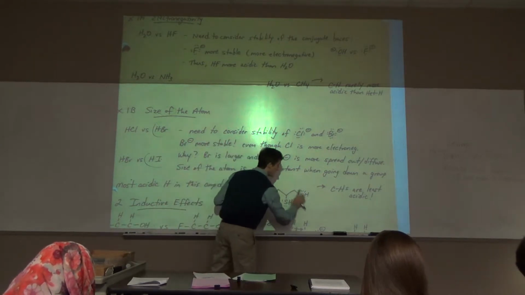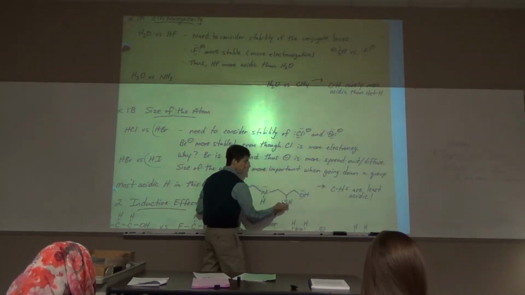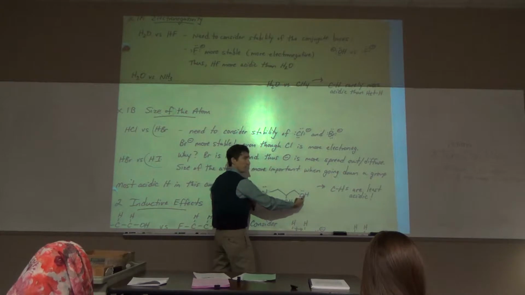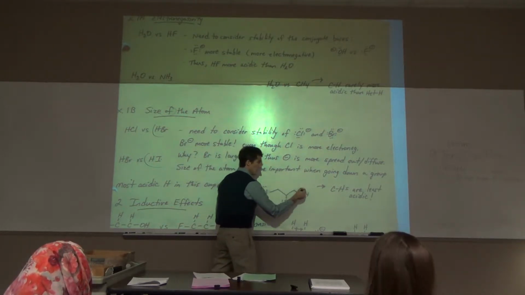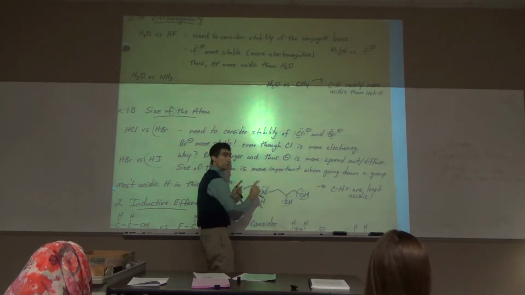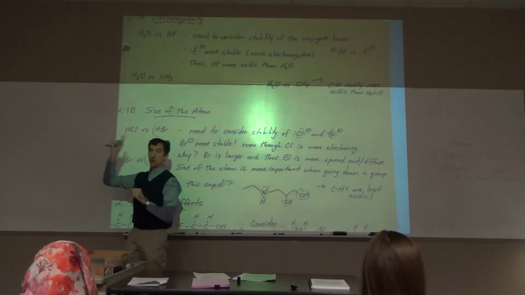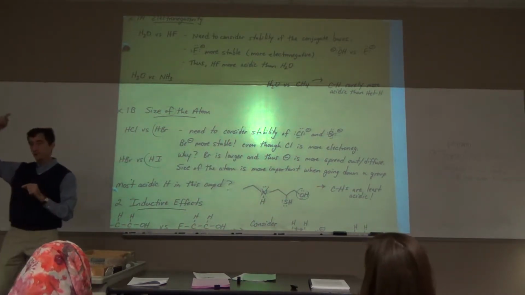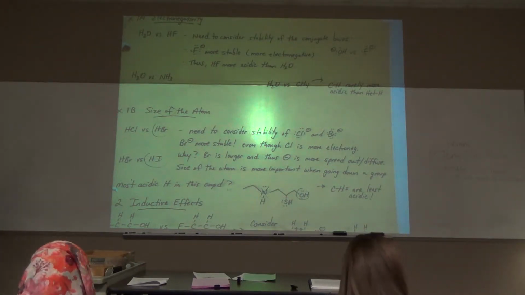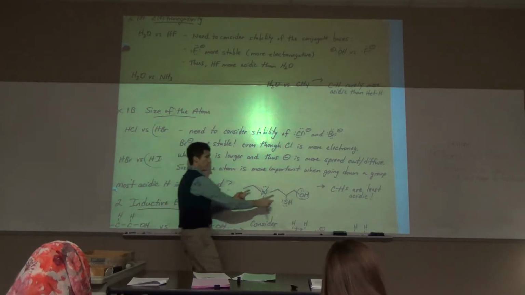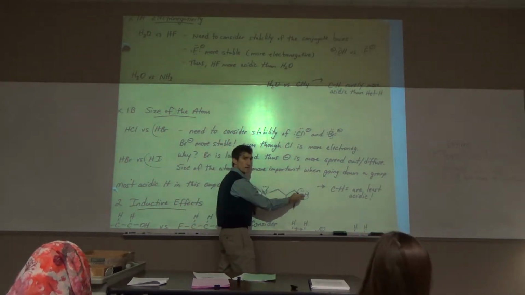Or we could go back and look at this. We know this is more acidic than that. What about these two? Which is more acidic? Yes, that's more acidic than this, because when you're going across, electronegativity. Up and down in the same group, size. Diagonal can be difficult sometimes. You'd rather have O minus. That's more acidic than here.